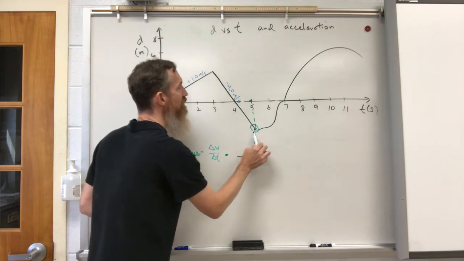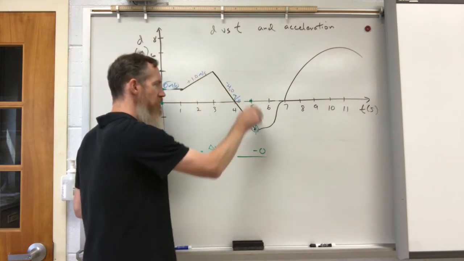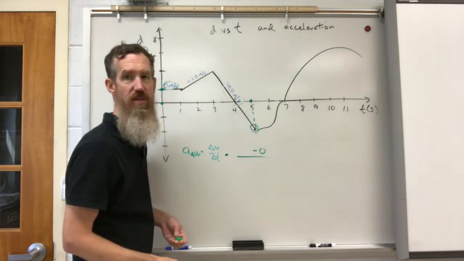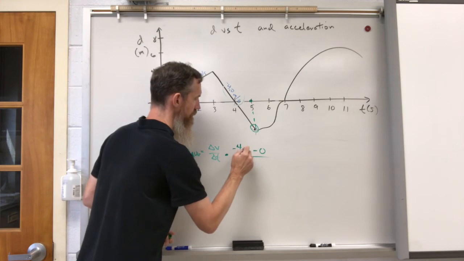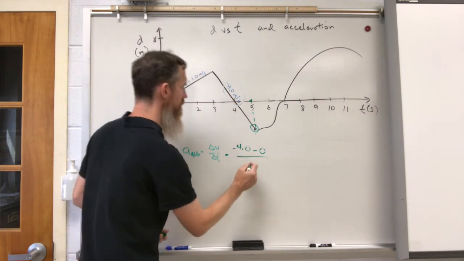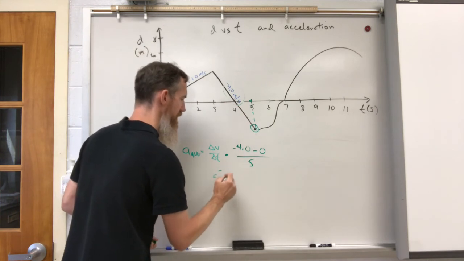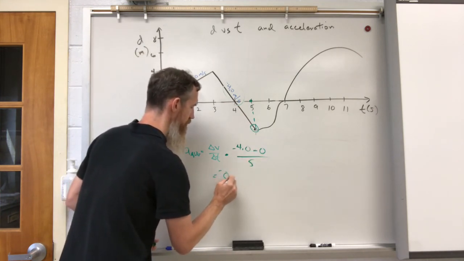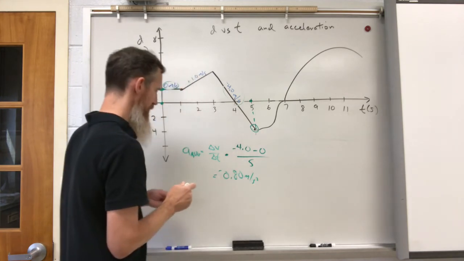As we approach that 5 seconds, we can say this value is valid as an estimation. And we know that took 5 seconds. If you do this, you're going to end up with -4/5, which is -0.80 meters per second squared.